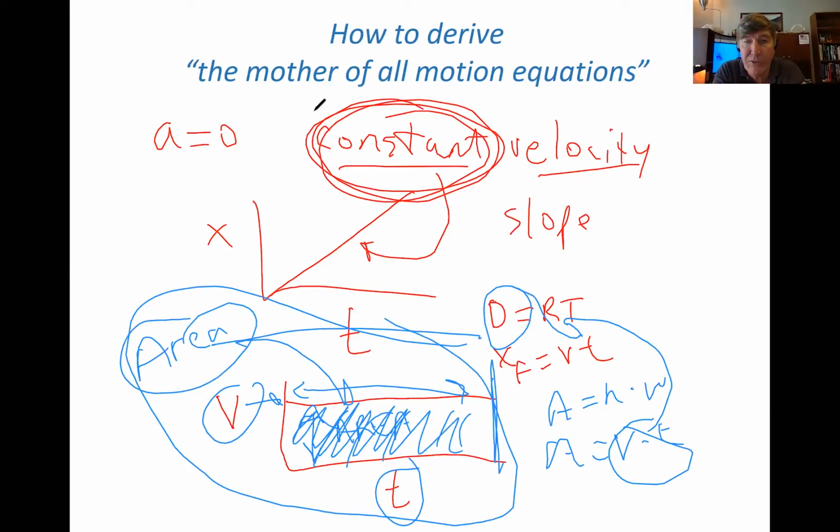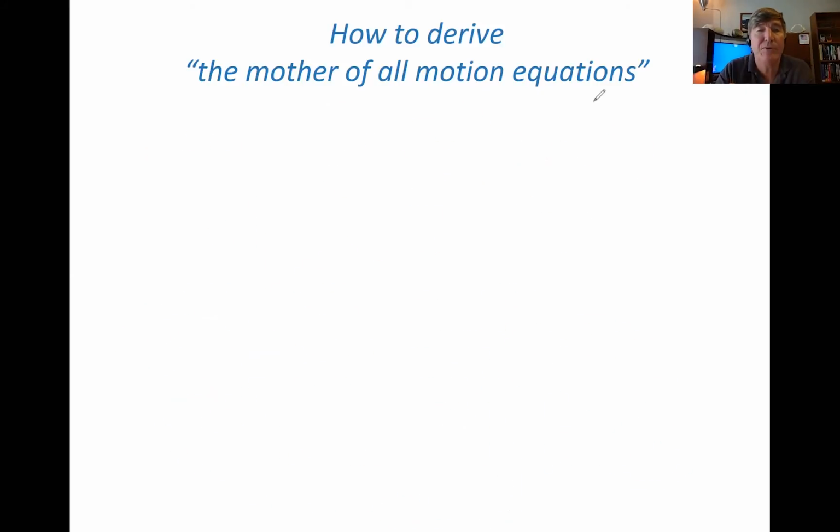Do you guys agree with me when I claim that? So I need to see some yeses or no. If I make a graph of velocity versus time, I'm going to get a horizontal line, and the area underneath it will equal my distance. Okay, good. All right, so now if you believe that, then we're ready to take the next step.